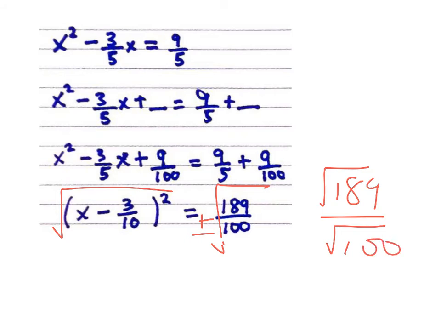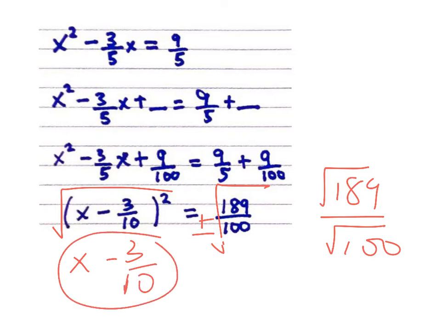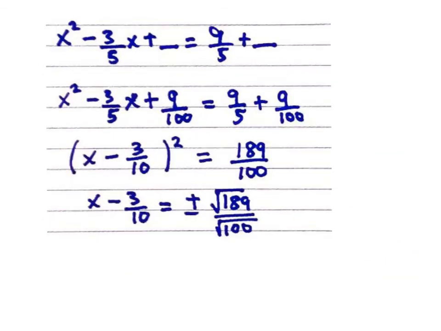And then the square and the square root will cancel on the left side. You're going to have x minus 3/10 on the left side, and the right side will be just that. That's a plus minus, very important, extremely important. You put the plus minus because two answers are possible.